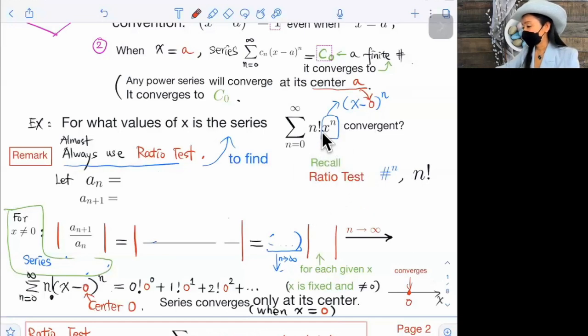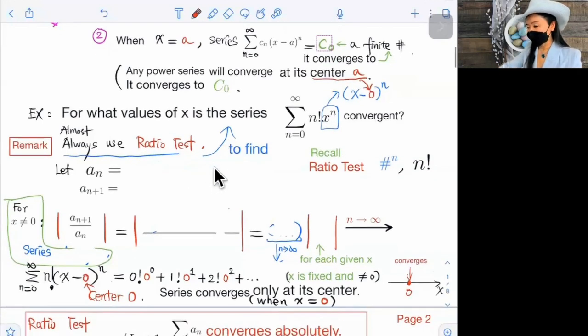This is x to the n power, so almost 99% of the time you're going to use the ratio test, maybe sometimes the root test. So the ratio test is the test to go for power series like this. We're going to use it to find out for what values of x this series converges.